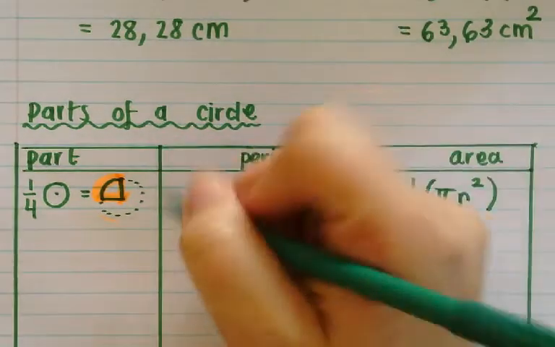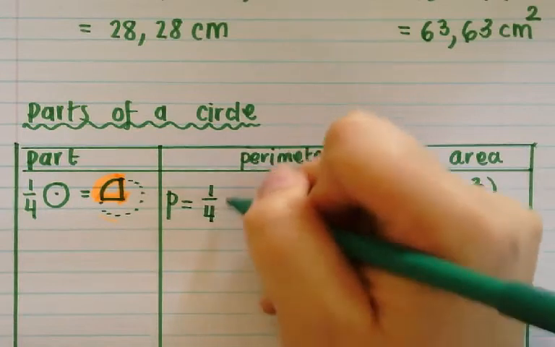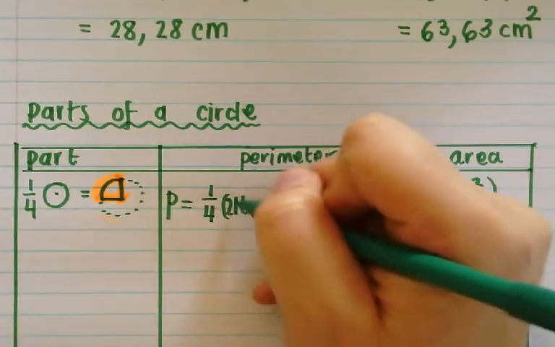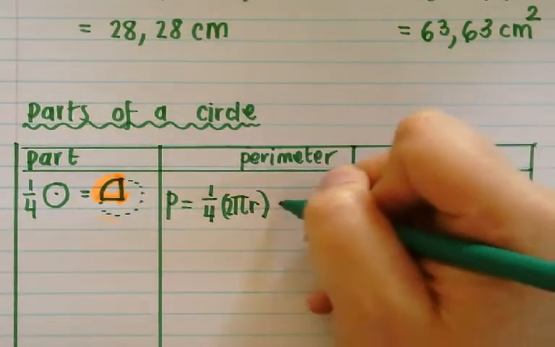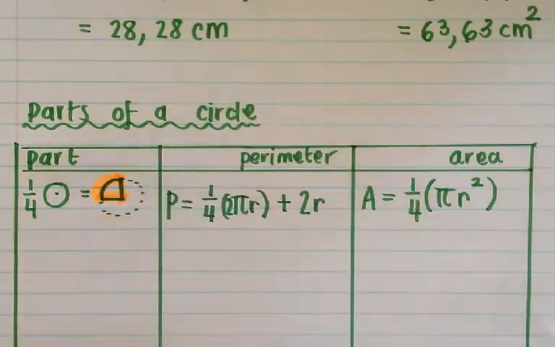So I would have my perimeter equals, yes, a quarter of the whole 2 pi radius, but I still need to add those 2 radii that form the wedge.